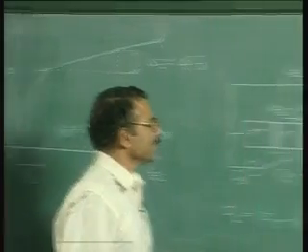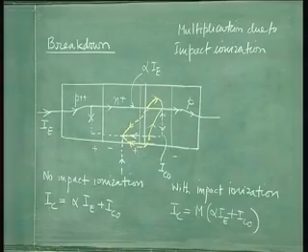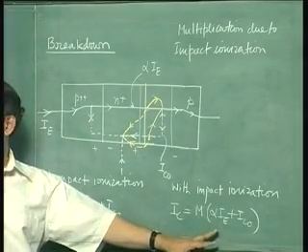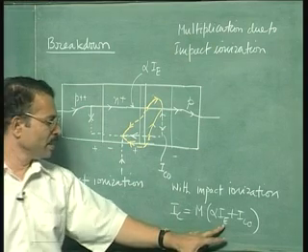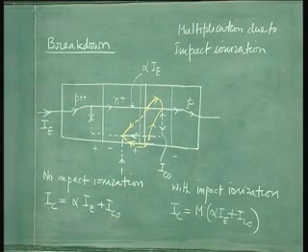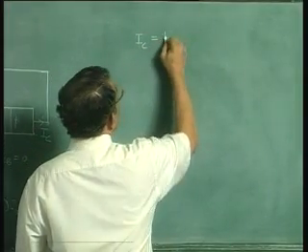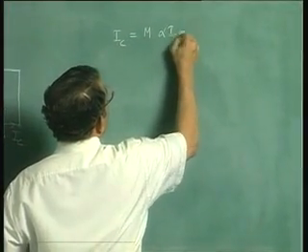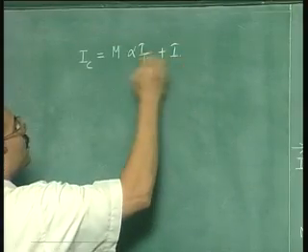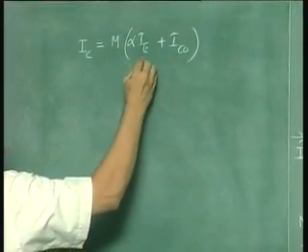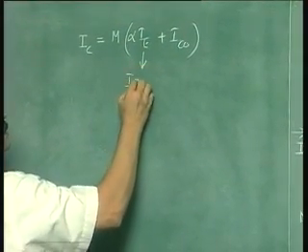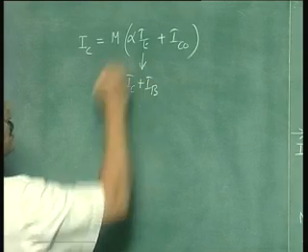So that is why we must express this IE in terms of IB and IC. When we do that, let us see what happens. So IC is equal to M times alpha IE plus IC naught, where this IE is IC plus IB.